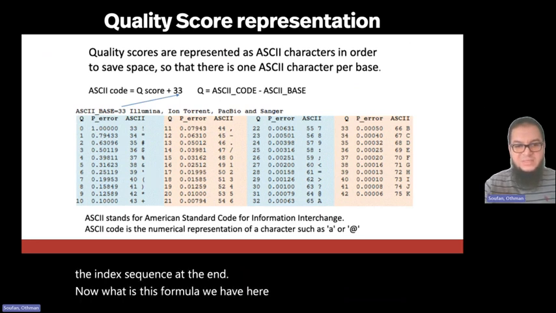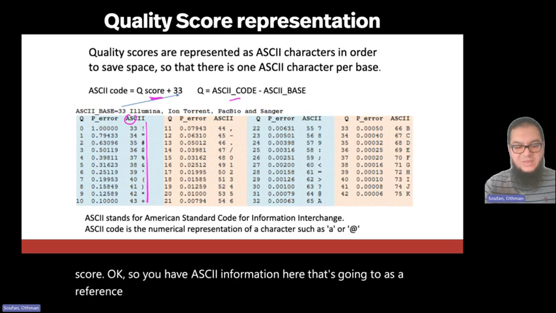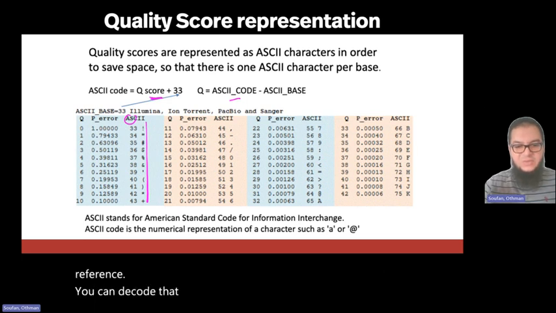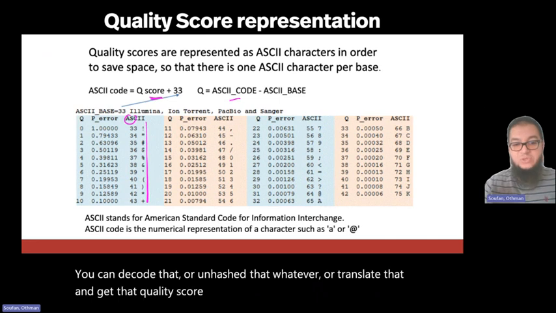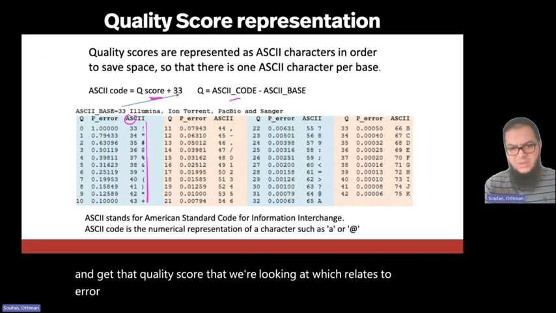The ASCII code and the quality score. You have ASCII information here that you can decode or translate as a reference to get the quality score, which relates to error probability.